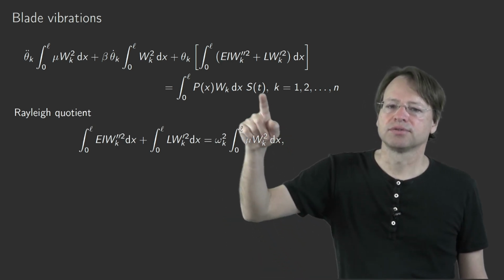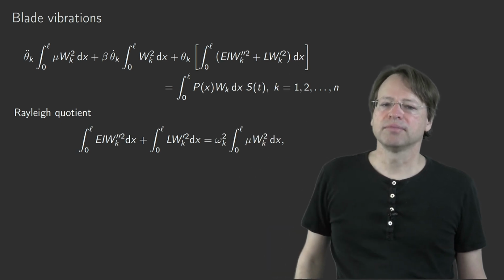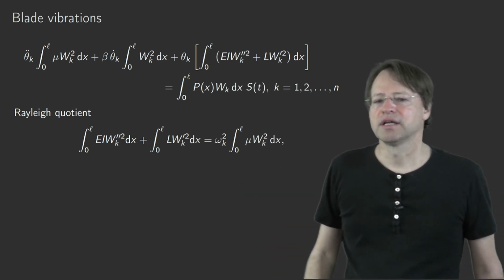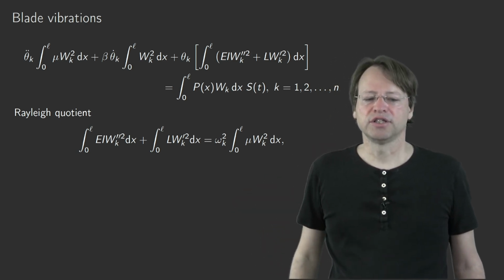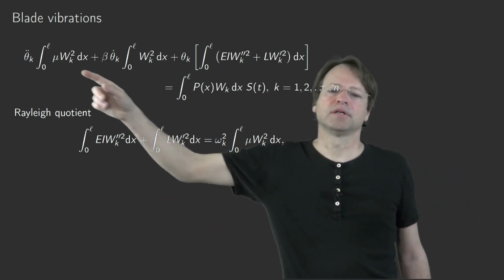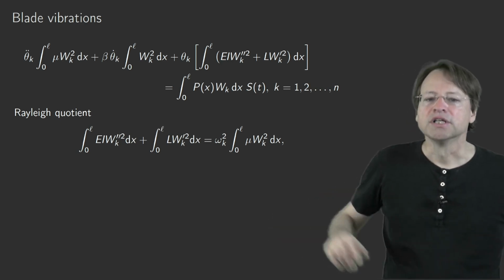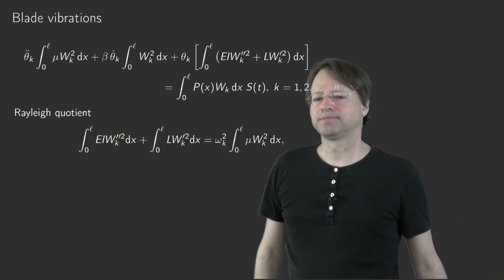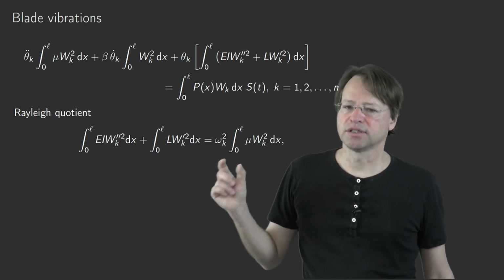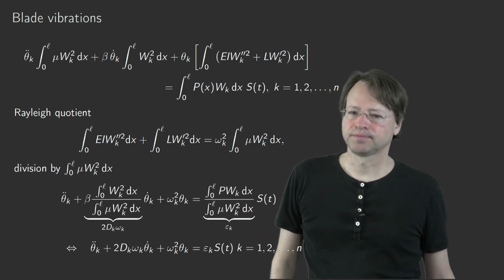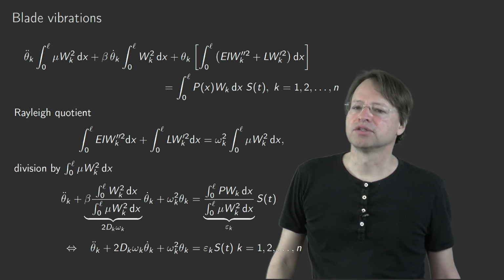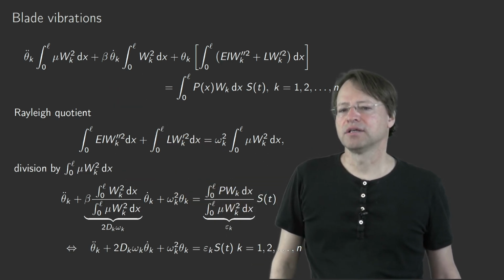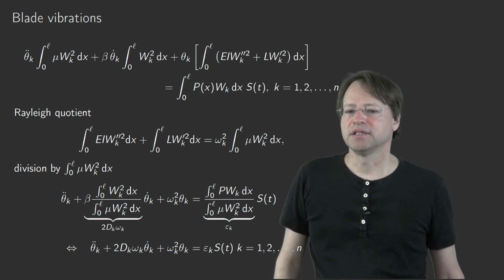So this allows us to simplify the second term and to introduce here also the integral from 0 to L on mu omega k squared. So then let's divide by this. Let's standardize that equation so that the highest derivative stands in a single term in the first term. So let's divide by that integral running from 0 to L mu wk squared dx.